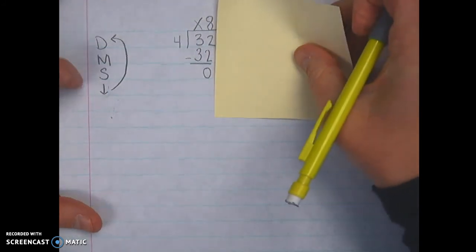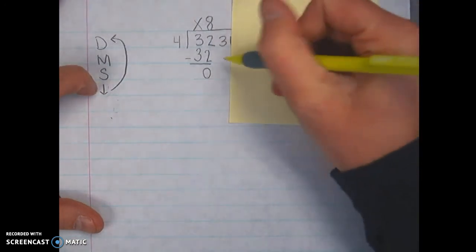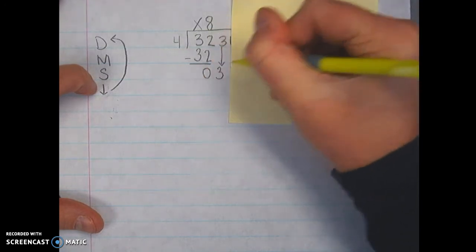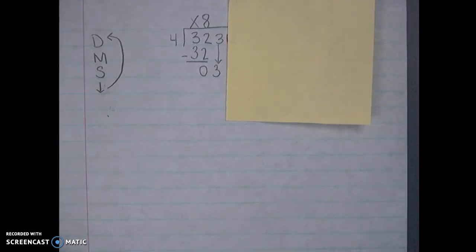Okay, I have to bring down because I have a digit to bring down still. So notice I'm going to draw my arrow, and I bring down my 3. My next question is, does 4 go into 3? Now this is a little more complicated because the answer is no, and in the past when I did that, I grabbed another number.